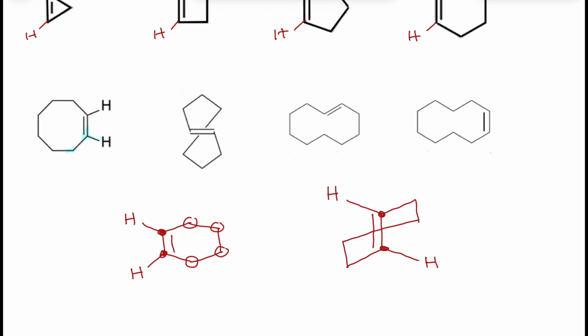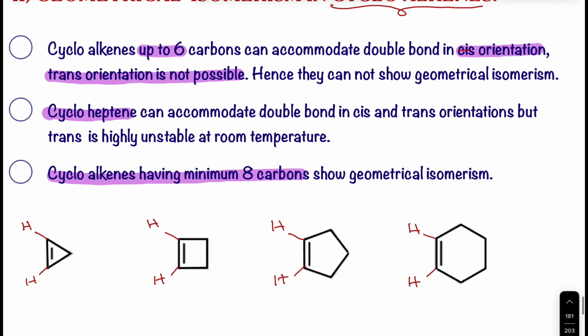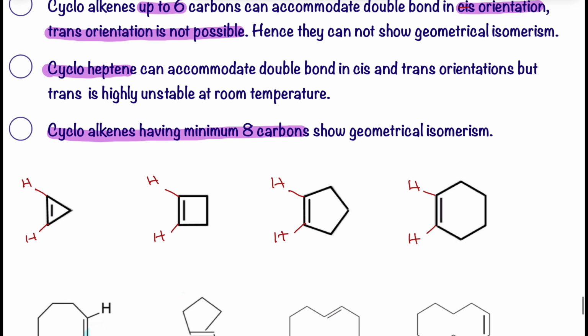Therefore, cyclohexene also exists only in cis configuration. That is the first point. In case of cycloheptene, it can accommodate the double bond in cis and trans orientation, but trans is highly unstable at room temperature.